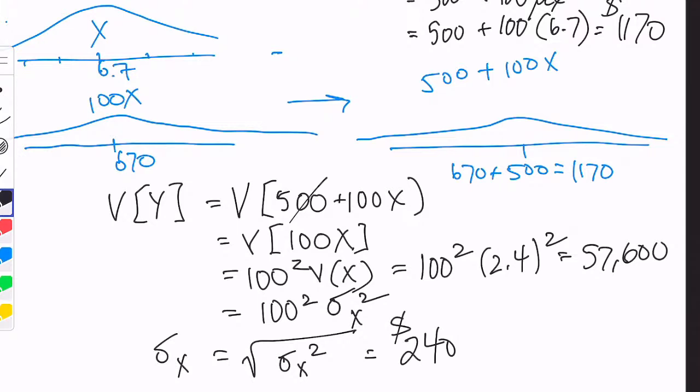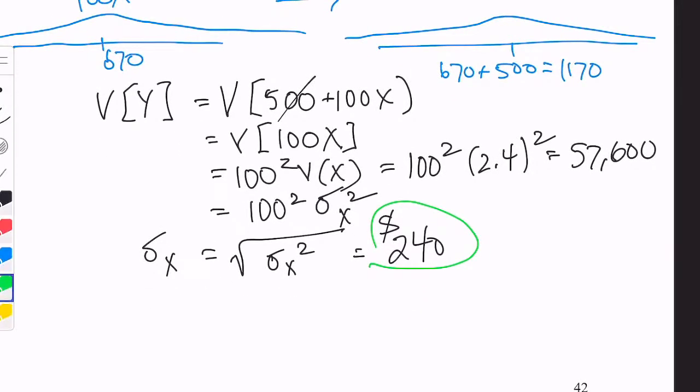So you could do that with the variance, or much easier, if you notice, what do you notice about this number? This is just 100 times 2.4, isn't it? So could we just do it like that? Yes, you can. You could have calculated standard deviation.